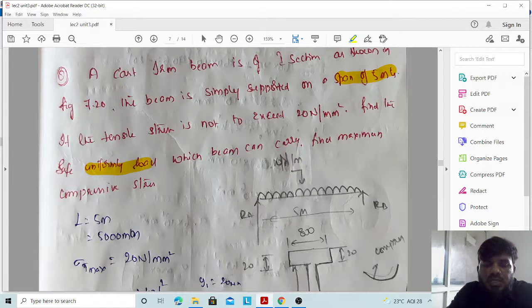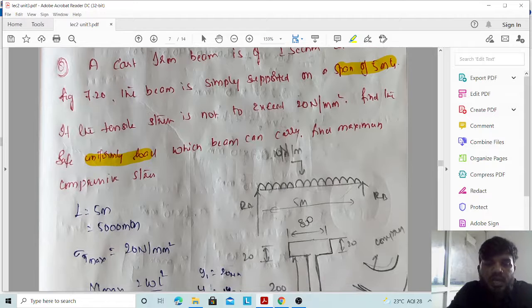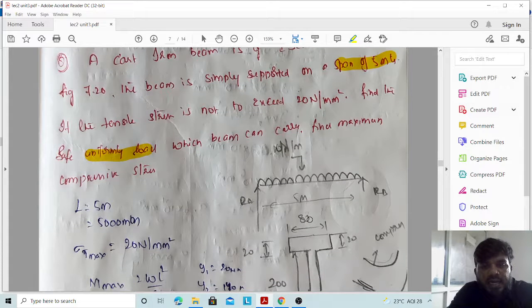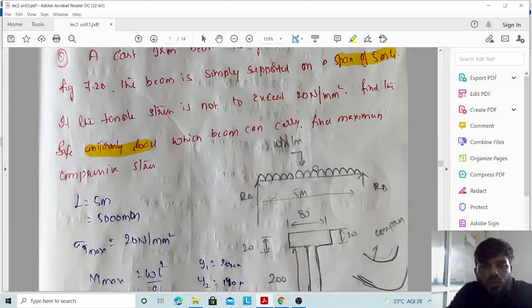Once you know this, you can calculate the values of RA and RB. The procedure is to go with the shear force and bending moment diagram: RA plus RB is equal to W, and taking moment about point A, RB into 5 is equal to W into 5 into 2.5. Or you can directly take the value we discussed yesterday, where I showed a few figures and calculated the maximum bending moment.